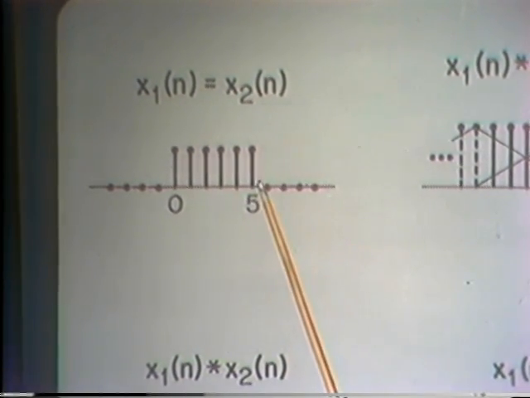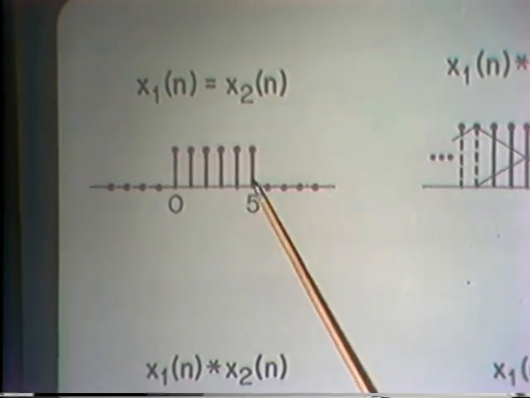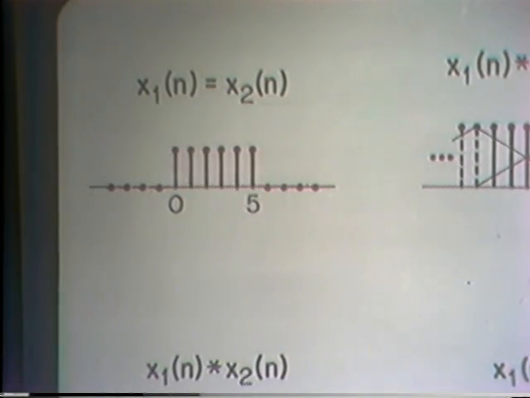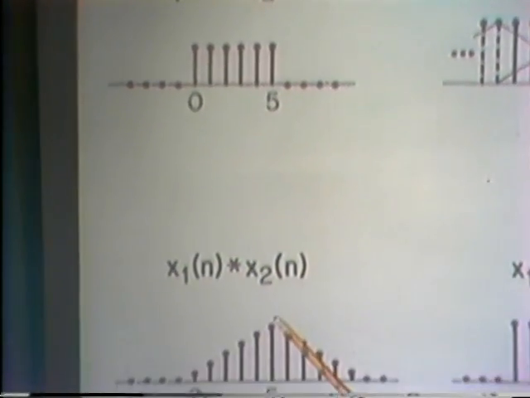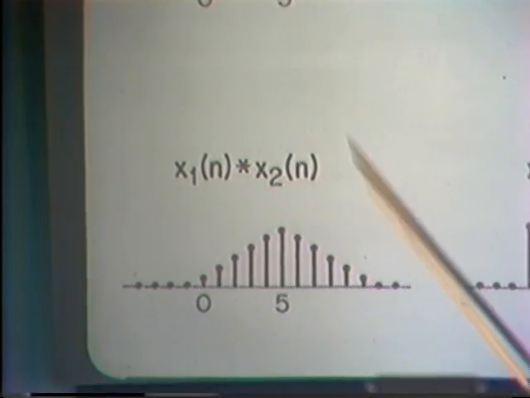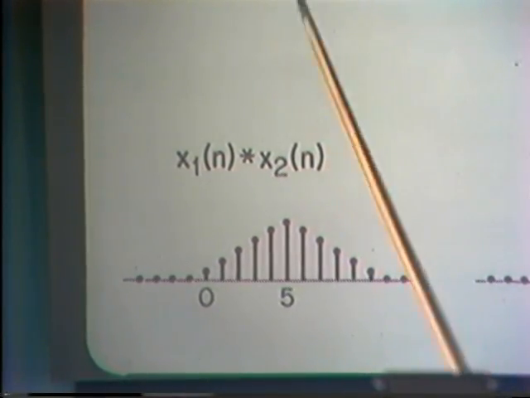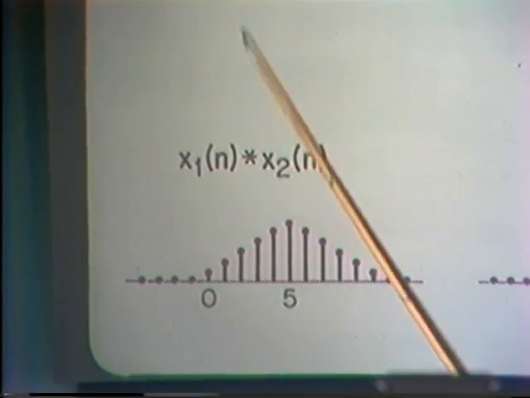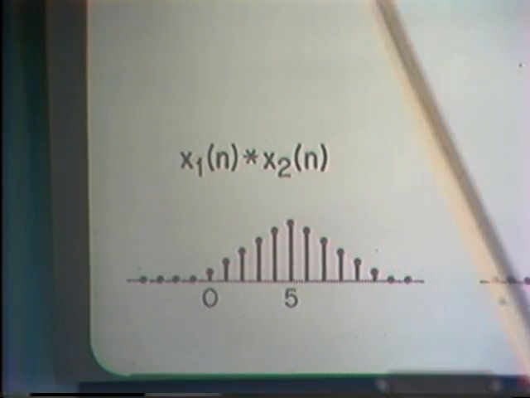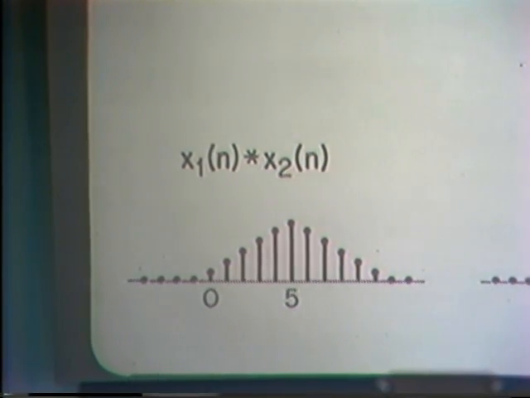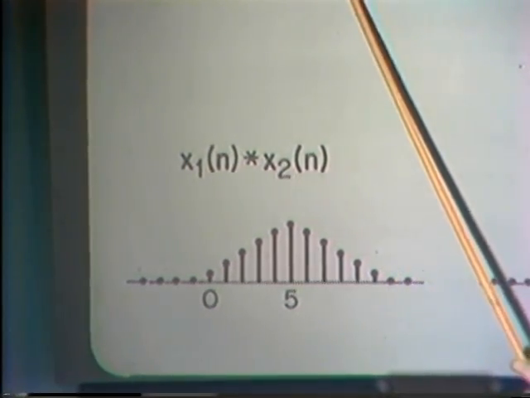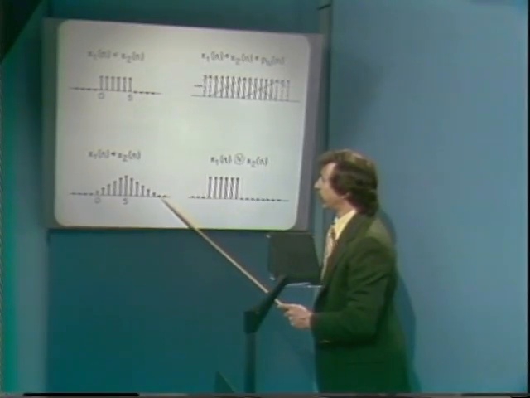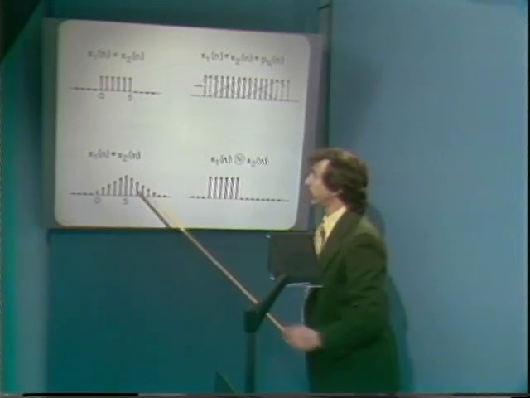And as you should recall from similar examples in the earlier lectures and examples that you've worked in the study guide, the linear convolution of this sequence with itself is a triangular sequence. We, of course, take this sequence, flip it over, and slide it past itself. And as we slide along, we accumulate more and more points. And so the linear convolution of x1 of n with x2 of n is a triangular sequence, as I've indicated here.